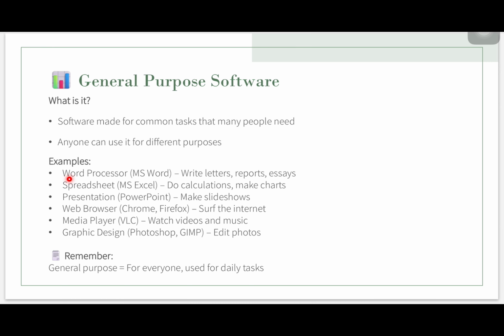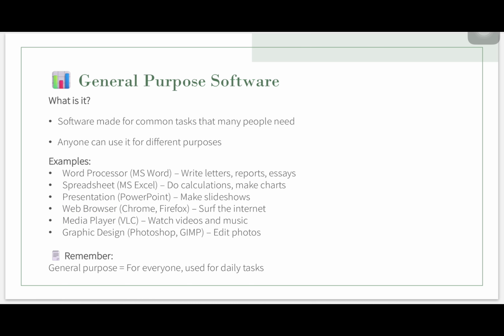Now see, examples are word processor, for example MS Word. What does it do? Write letters, reports, essays. Means we can do writing work in the word processor app. Then second, spreadsheet, MS Excel. What does it do? Do calculations, make charts, correct? Then presentation. What is the example? MS PowerPoint, to make slide shows, right? Next one is web browser.